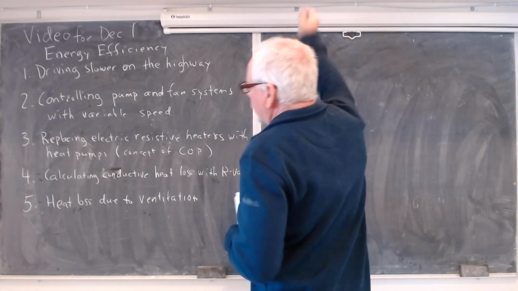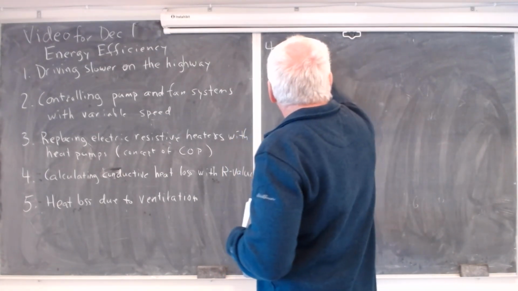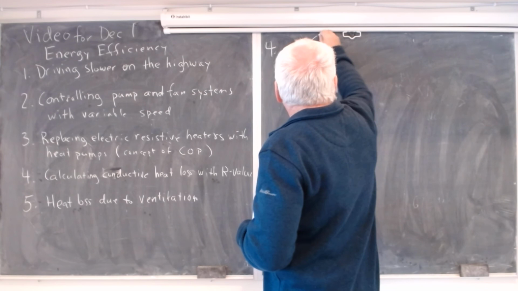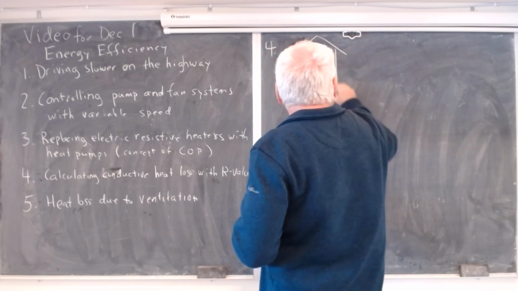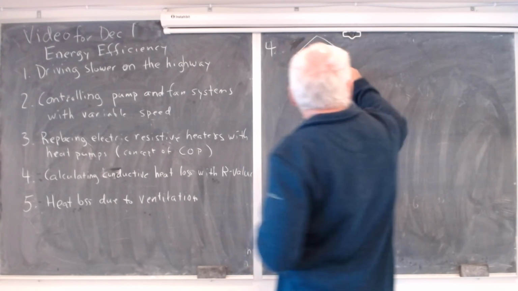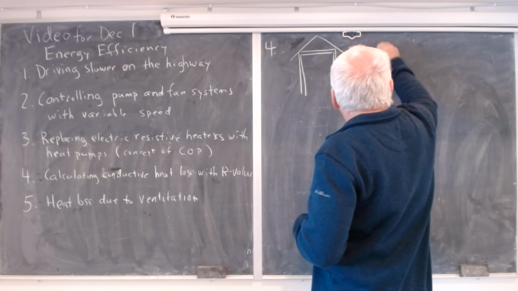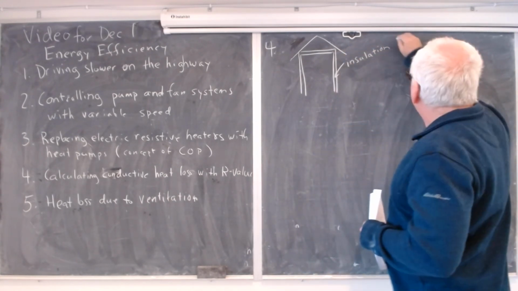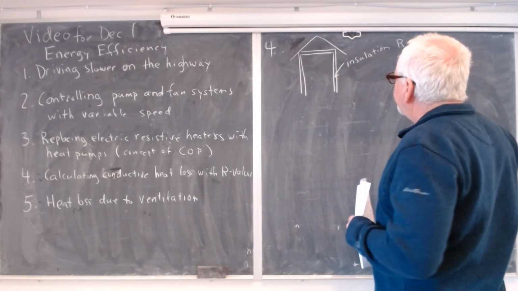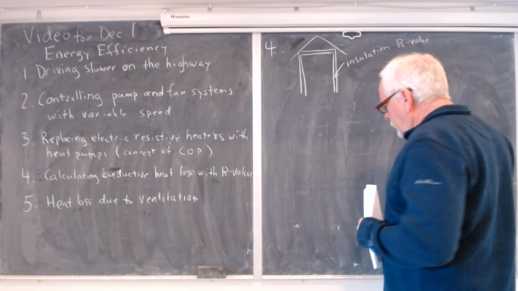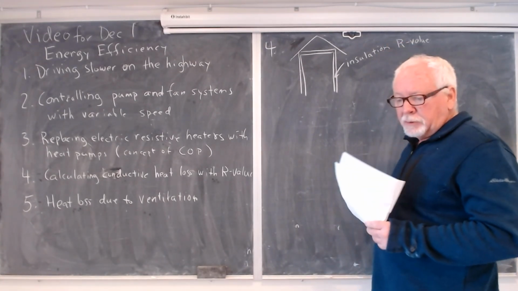All right, number 4. If you have your house here, usually there's insulation in the walls, insulation having an R value. I'm going to illustrate how you use R value just by doing a calculation of the heat loss.